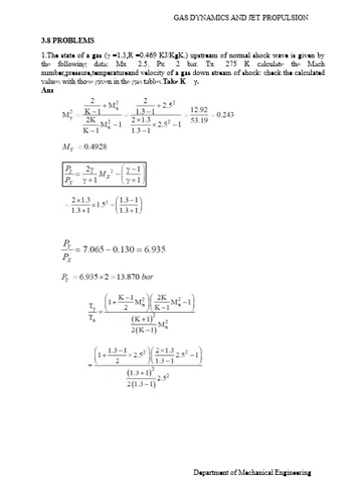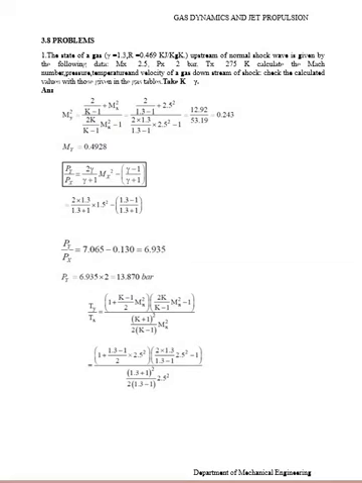So this is the first problem of a normal shock wave. The gas has gamma equal to 1.3 and R equal to 0.469 kilojoule per kg Kelvin.